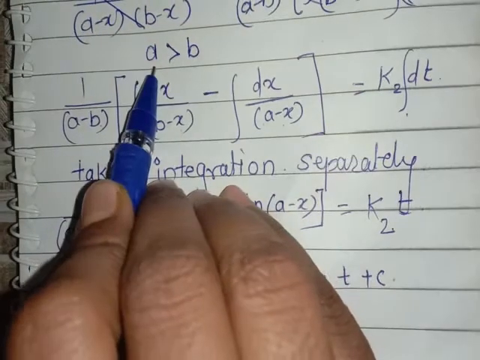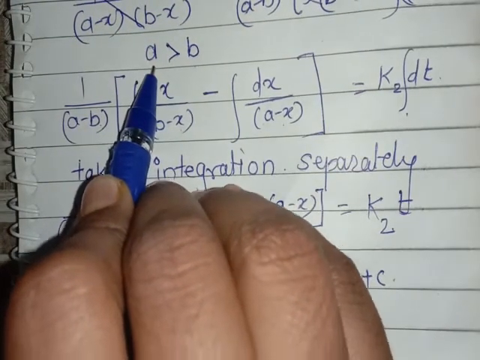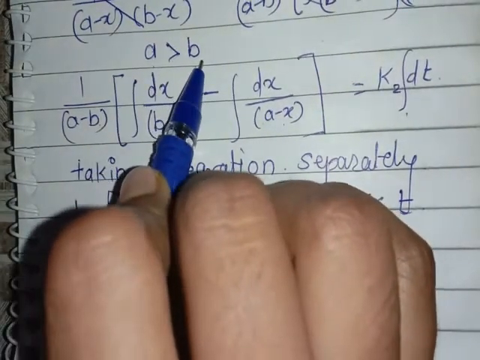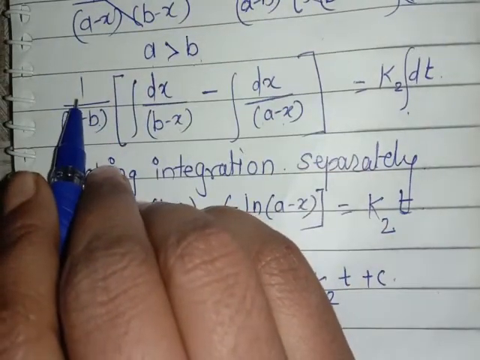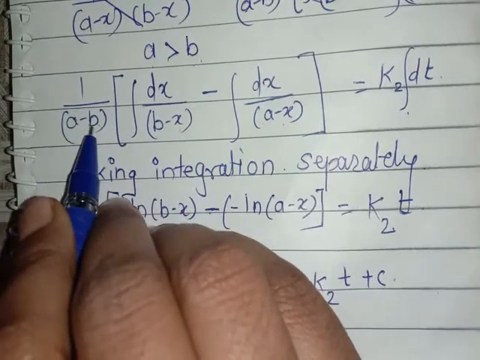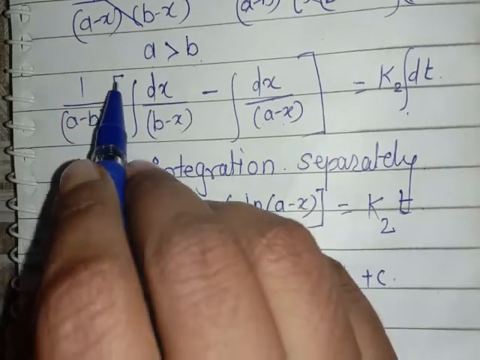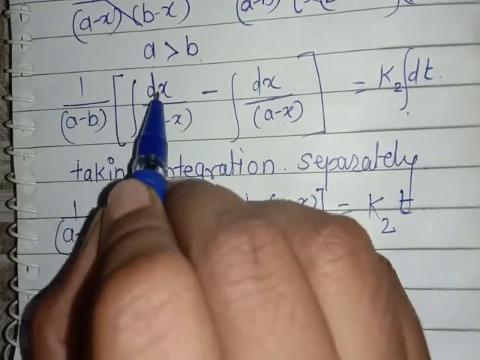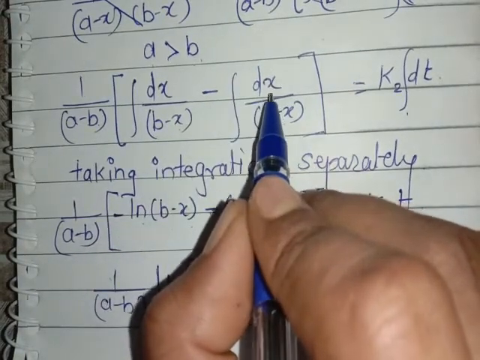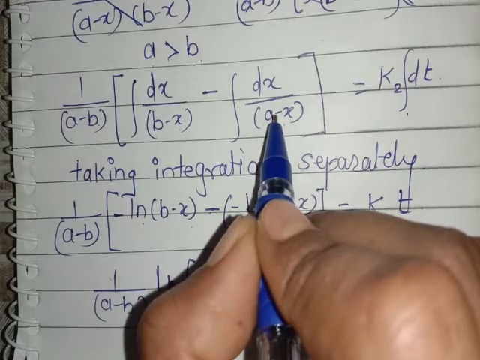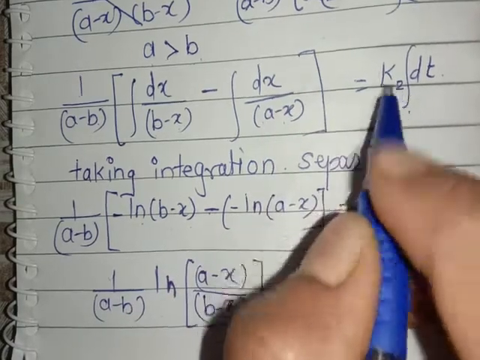So consider the concentration of a is greater than b. After solving the above equation, we have 1 upon a minus b in bracket integration of dx upon b minus x minus integration of dx upon a minus x is equal to k2 into dt.